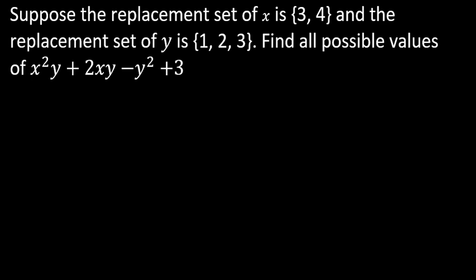Suppose the replacement set of x is 3, 4, and the replacement set of y is 1, 2, 3. Find all the values of x squared y plus 2xy minus y squared plus 3. So, we have x and y. Okay, so, ang replacement set ng x ay 3 at 4 lang. How about the y?